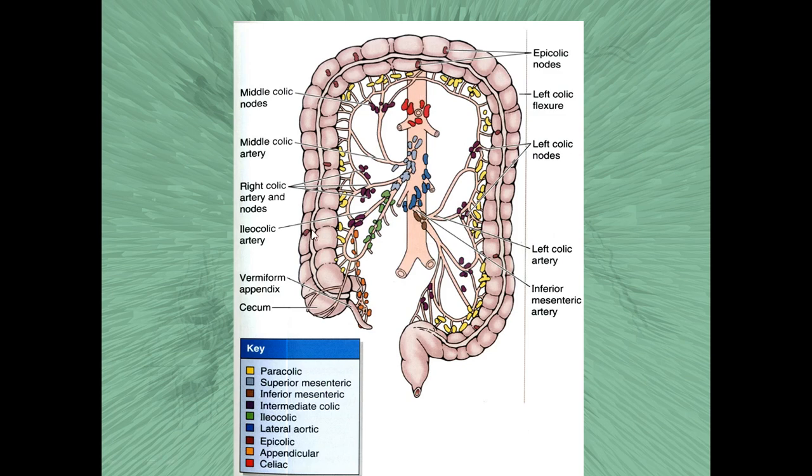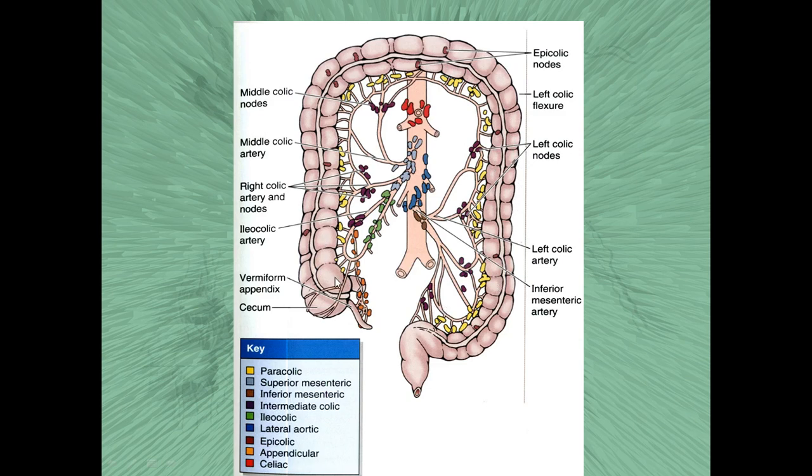The first group of lymph nodes sits directly at the wall of the large intestine and is represented by the epicolic lymphatic nodes. The second group is located in the place where vessels enter into the walls of the large intestine and is represented by the paracolic lymphatic nodes, yellowish on this diagram.